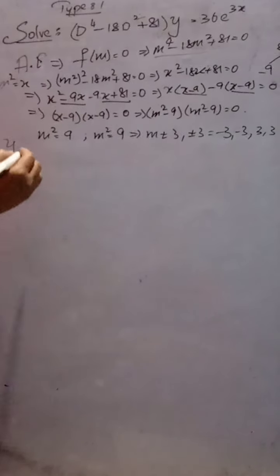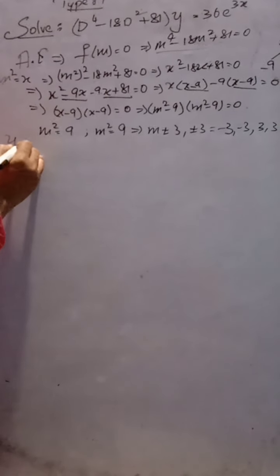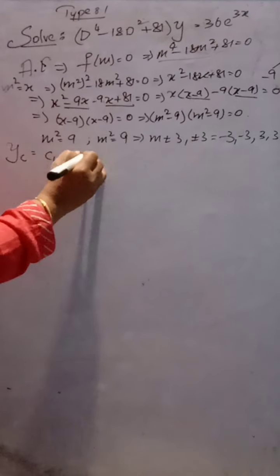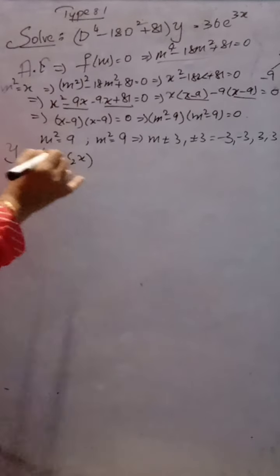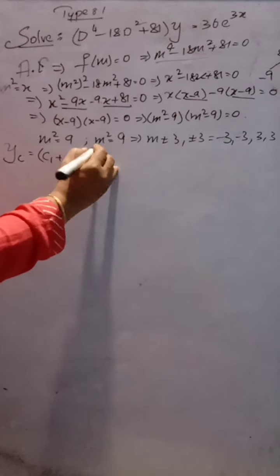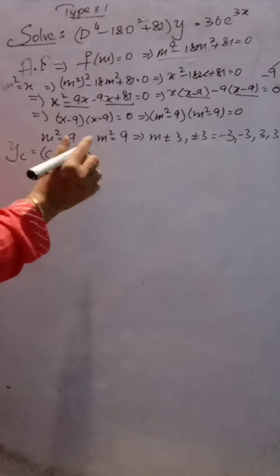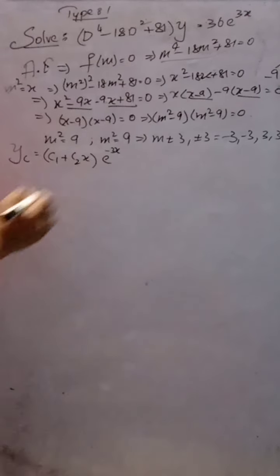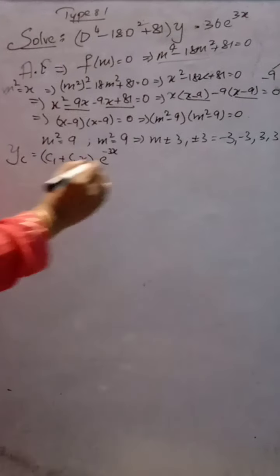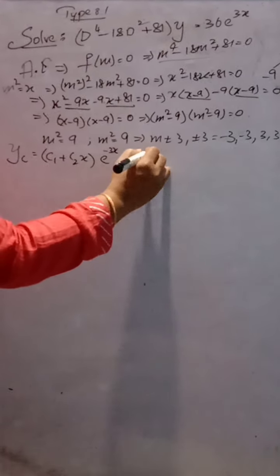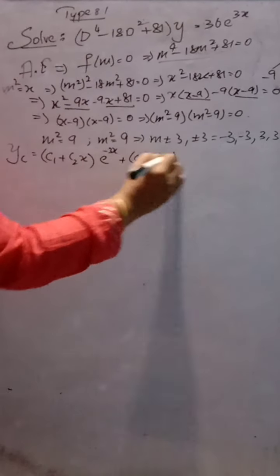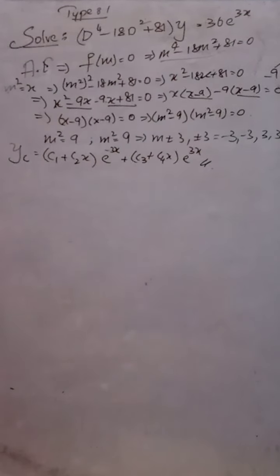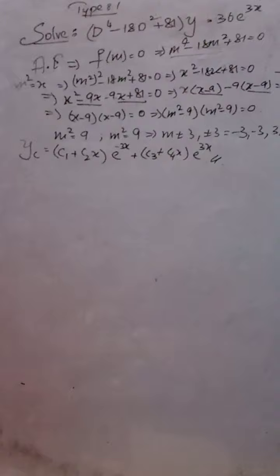So yc is equal to c1 plus c2x the whole into e to the power minus 3x, the coefficient of x in the exponential form, plus again c3 plus c4x into e to the power positive 3x. This is our first part, the complementary function yc.